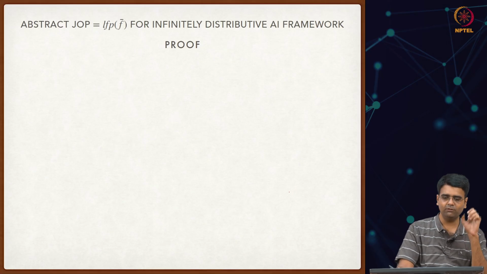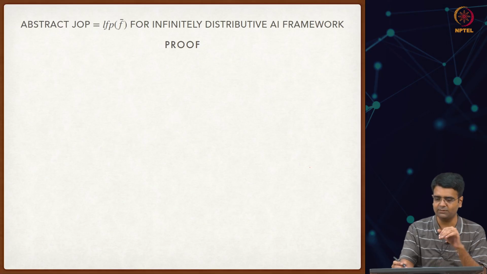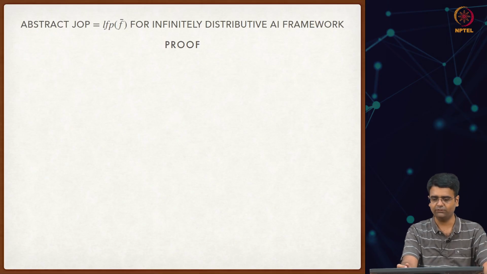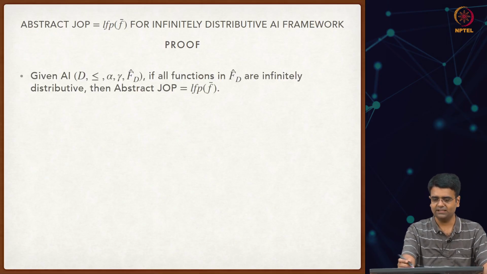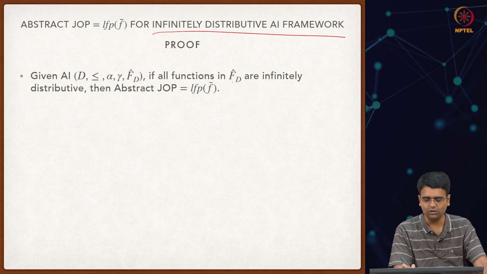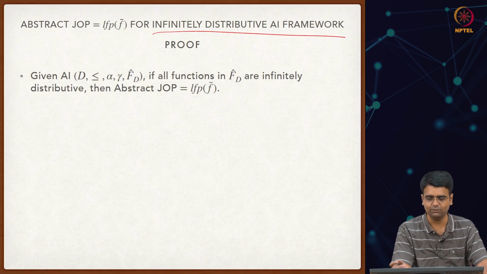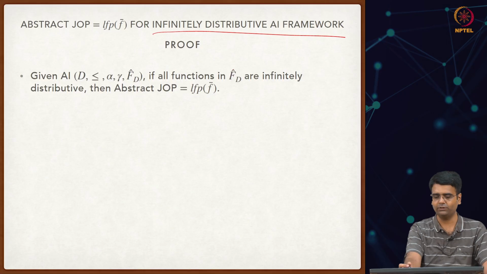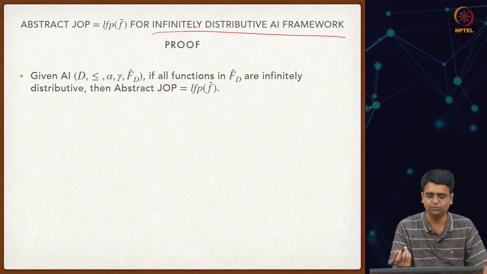So now we will show that if you have an infinitely distributive abstract interpretation framework, which means that all the abstract transfer functions are infinitely distributive, then in fact the abstract GOP will be equal to the LFP of f bar. And this is what we will prove.